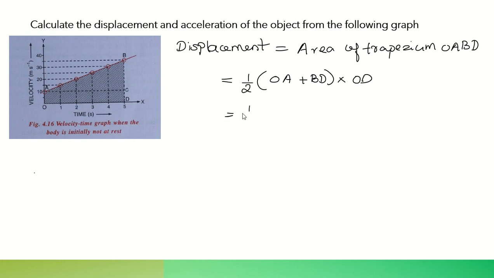Okay, so half into OA. OA is 10 meter per second plus BD. BD corresponds to, see, it is here between exactly at the midpoint of 30 and 40, that is 35, multiplied by OD. OD is the time axis, that is 5 seconds. So 35 plus 10, 45, 45 into 5 divided by 2. After the calculation, you will get it as 112.5 meters.